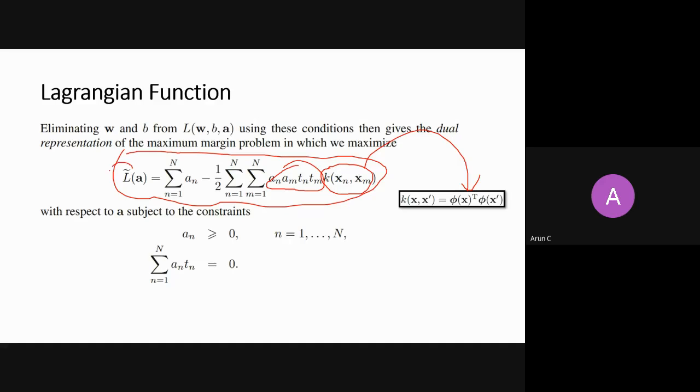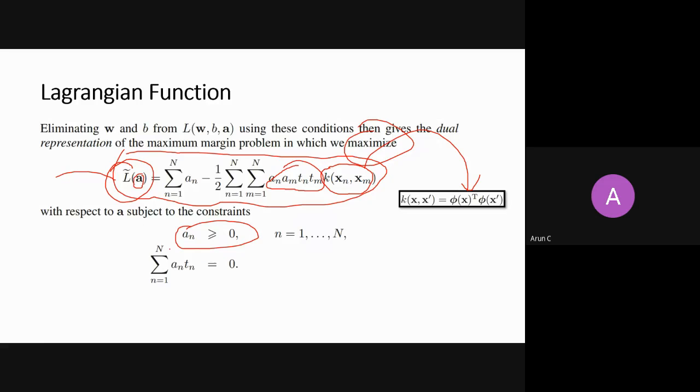So then you do the rest of the things, and you will get this Lagrangian. The good part of this Lagrangian is that it is now a function of a dual variable a, which is a concave function. You then have to maximize it. Still there are some constraints. All Lagrangian multipliers should be greater than or equal to 0, which we have already discussed on the first slide.